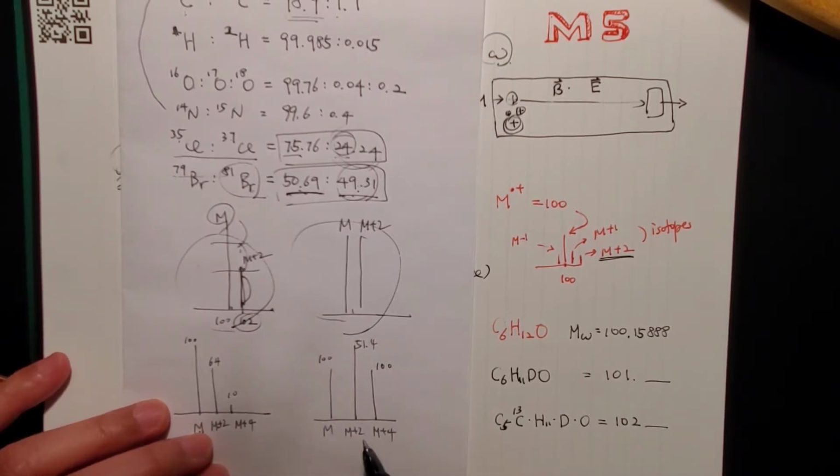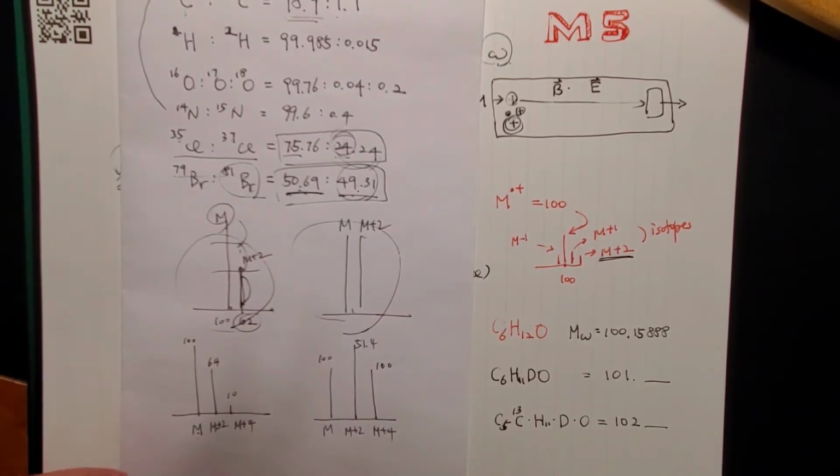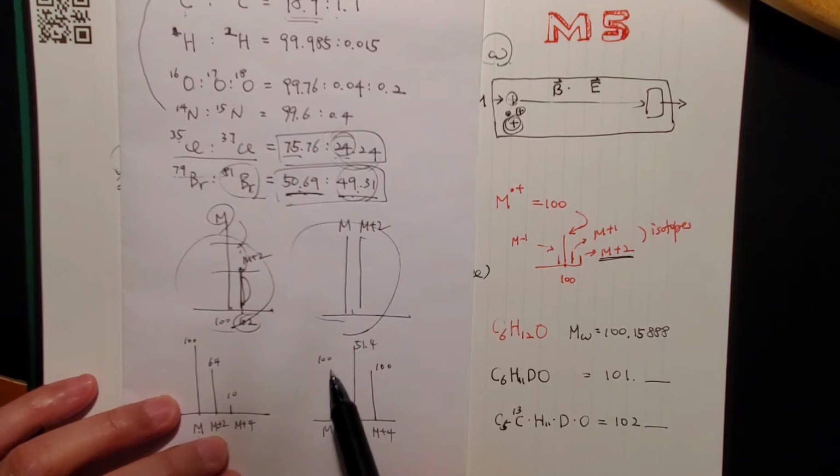When you have a bromine, that's a natural abundance of nearly 50-50. When you have two of them, the molecular peak, when it's this intense, the chance to have both being just 79 is even less likely.